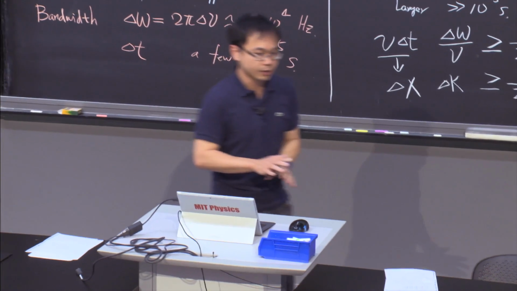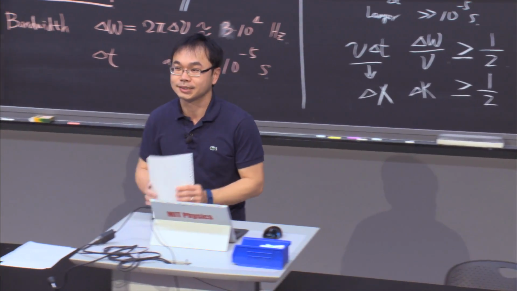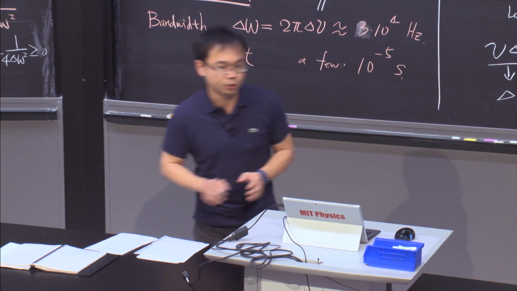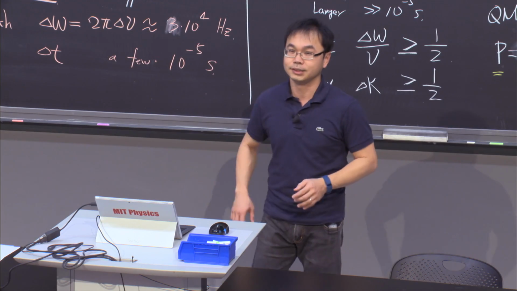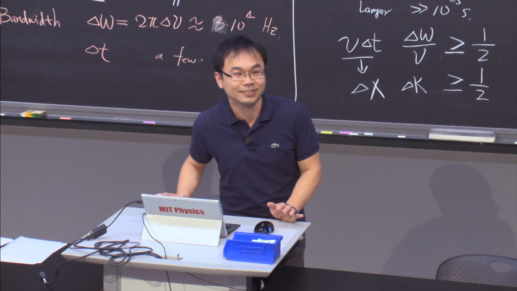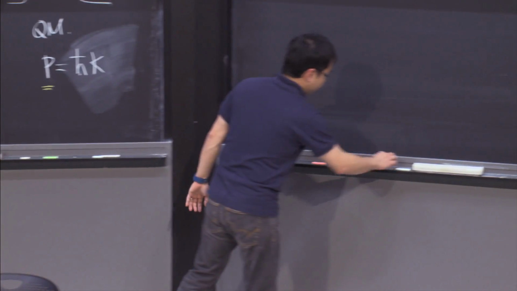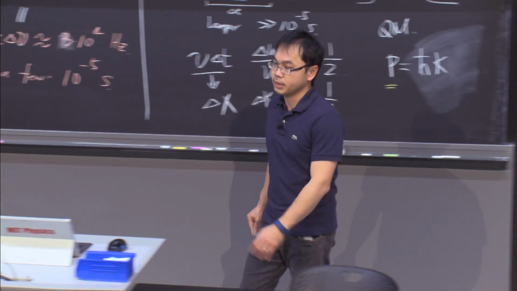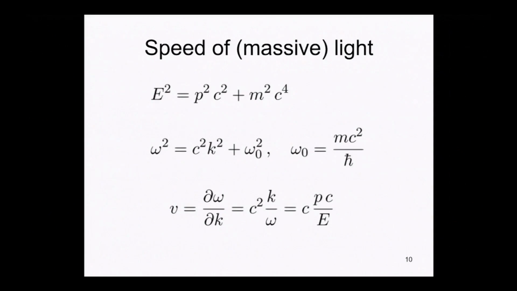So before we move to 2, 3-dimensional waves, we will discuss a very interesting topic which is related to the dispersion relation of light. If you use special relativity, you can relate energy to momentum and mass, right?